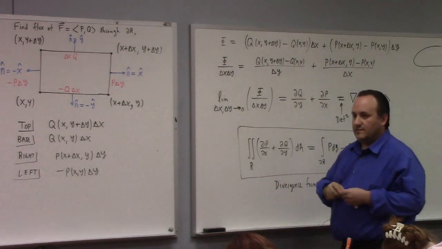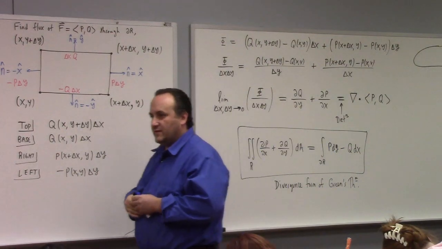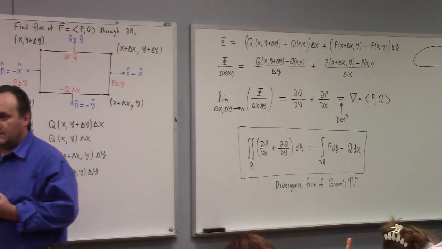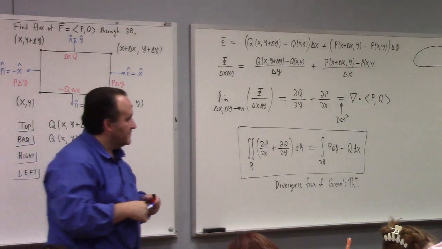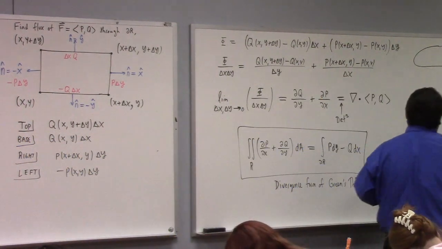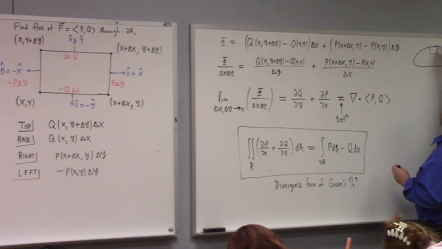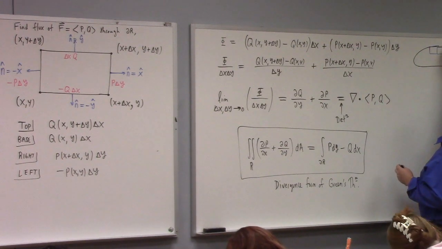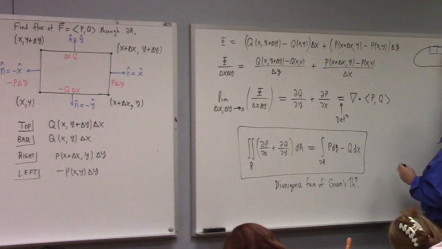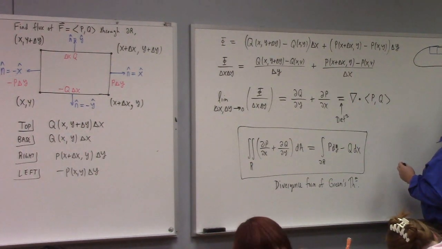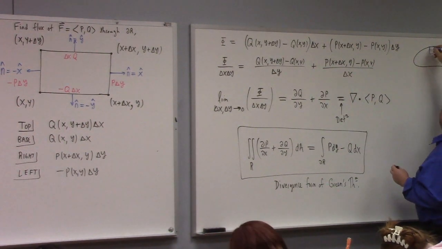It's not a rectangle. Can I still say Green's theorem holds on that? Think about this. You can take it and approximate it. Well, not approximate it, but you can put little rectangles in here.